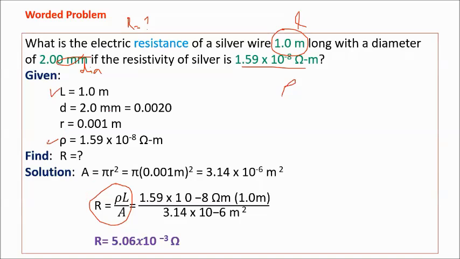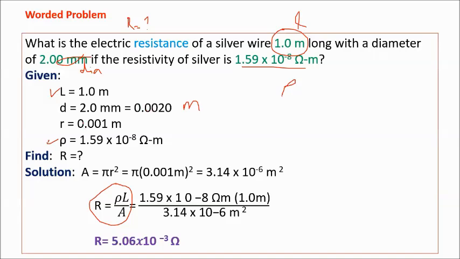Now, from the given diameter, we need to convert diameter mm in meter. So, i-divide ninyo yung 2 by 1,000, since 1 m is 1000 mm. That's why we have 0.002.